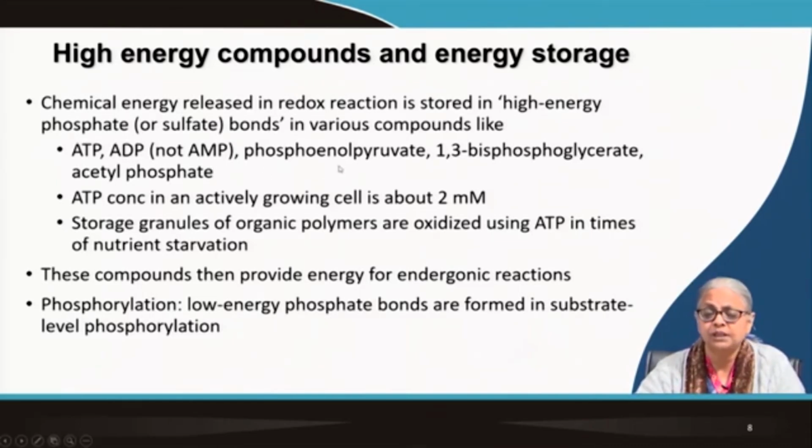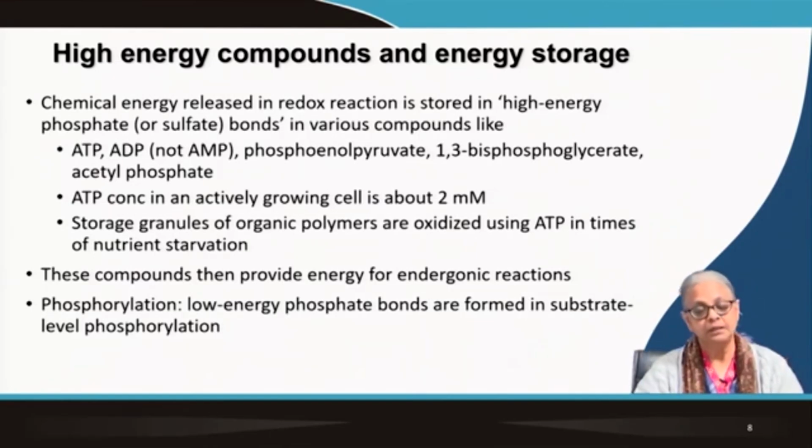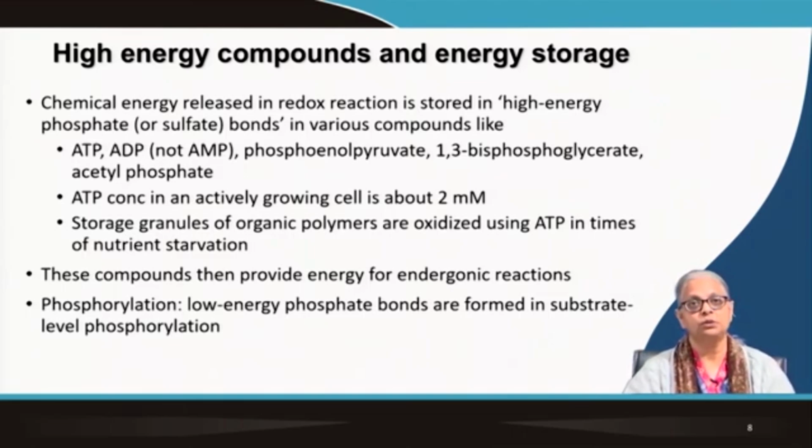Then we have phosphoenol pyruvate, 1,3-bis-phosphoglycerate as well as acetyl phosphate. These are all examples of high energy bonds. ATP concentration in an actively growing cell is 2 millimolar.